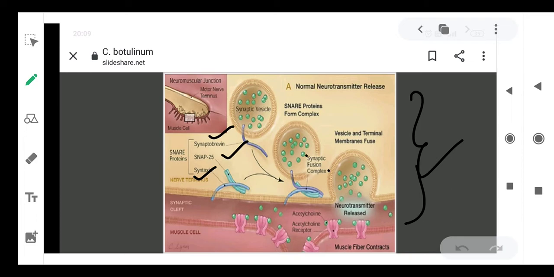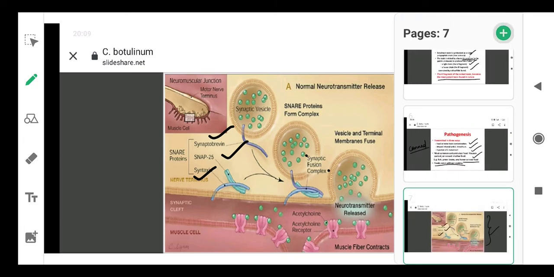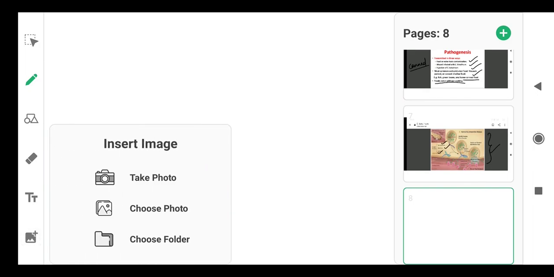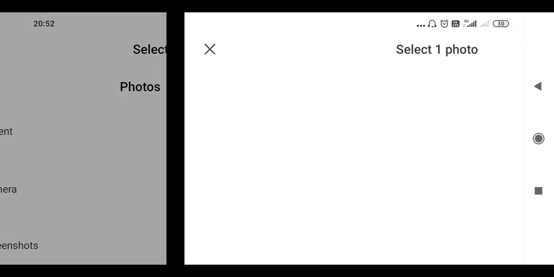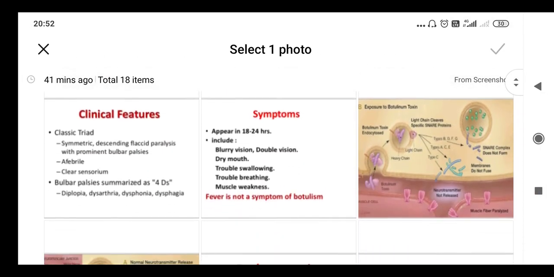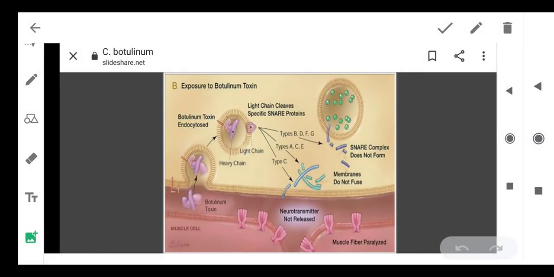How does the botulinum toxin act? You have to take into account this vesicular fusion by snare. The botulinum toxin is endocytosed, and it has a heavy chain and a light chain.